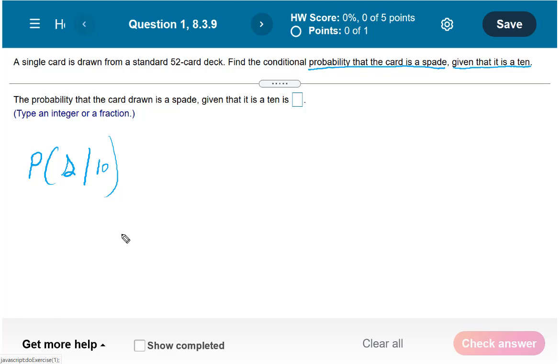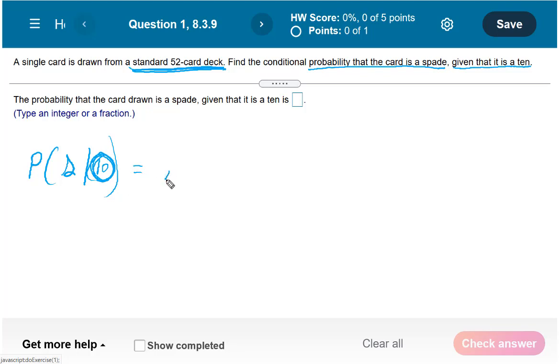So the way we do conditional probability is we first take the condition and we identify all of the things that match that condition. We're told we have a standard 52 card deck, which means that in that 52 card deck there are 4 cards that are 10s.